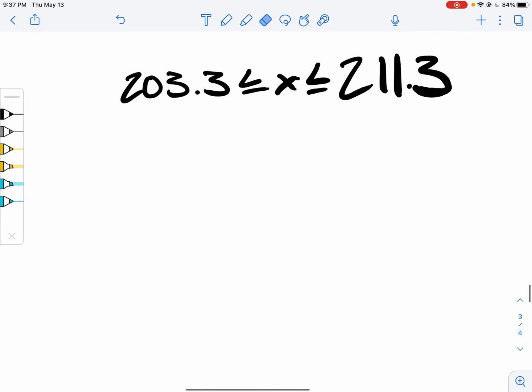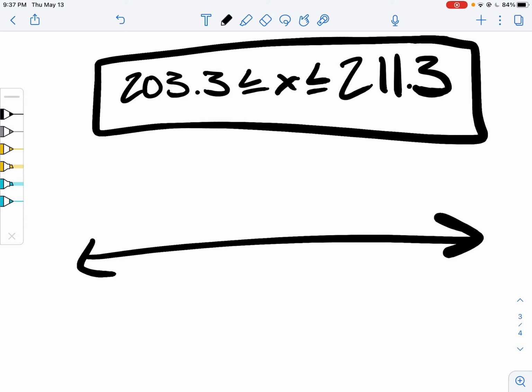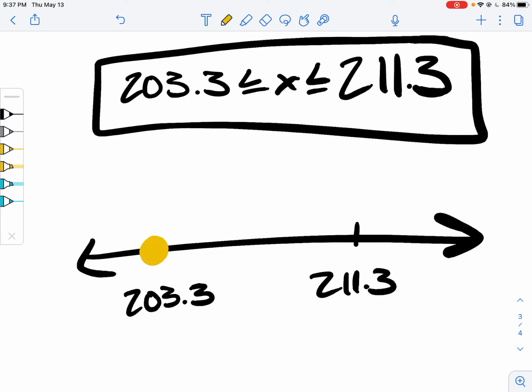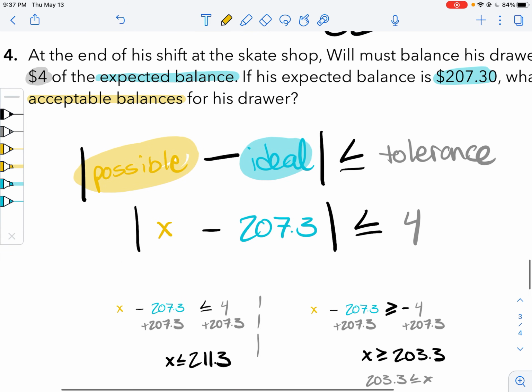Either way, this is the range of acceptable dollars that Will is allowed to have in his register. So to graph that, we go from 203.3 to 211.3. We've got solid circles. He's allowed to be anywhere between there, as long as he promises to have a fantastic time on his homework.